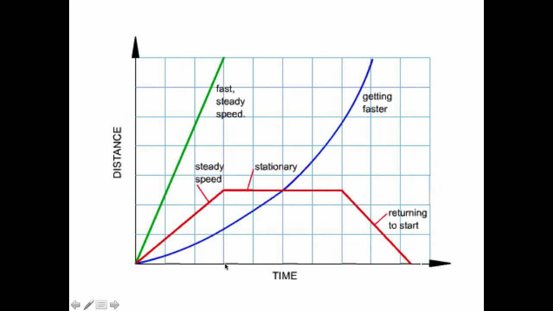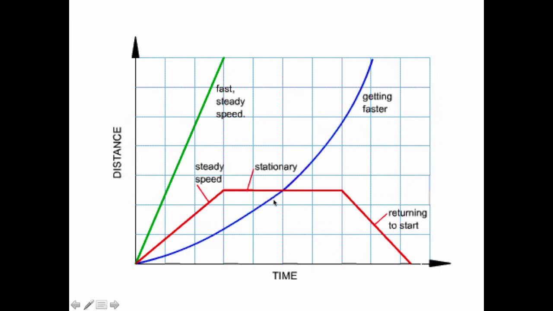That's really fast. What we also know is that it is at a constant speed. And the reason I know it's at a constant speed is because the line is straight. So you can always tell if speed is constant on a graph because it will always be represented by a straight line.